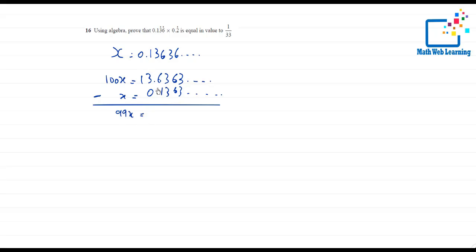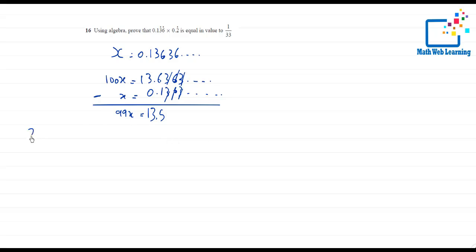On the number side, 13 minus 0 is 13, and you can see that 6 minus 1 is going to be 5, and everything else will turn to 0. 3 minus 3 is 0, 6 minus 6 is 0, 3 minus 3 is 0. So they will eliminate each other, so I'm going to just cross them like this. So the answer is 13.5.